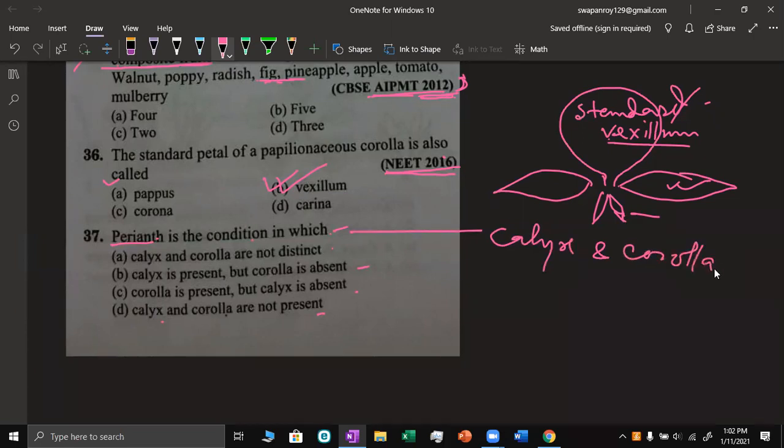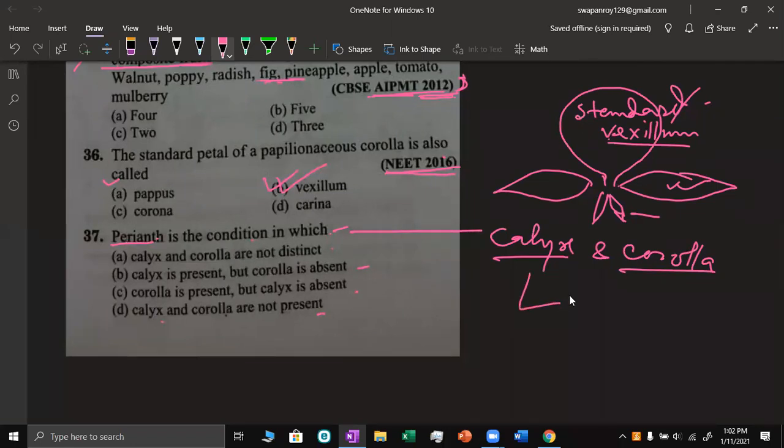Particularly we use the term perianth where we cannot distinguish calyx from the corolla, so their color, shape, size, etc. are the same.